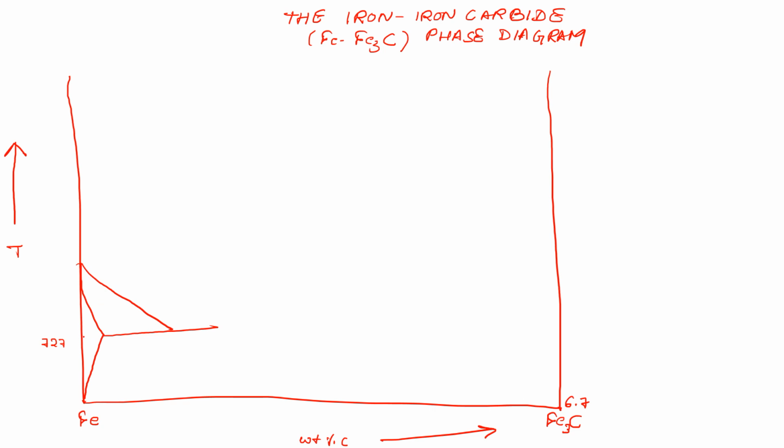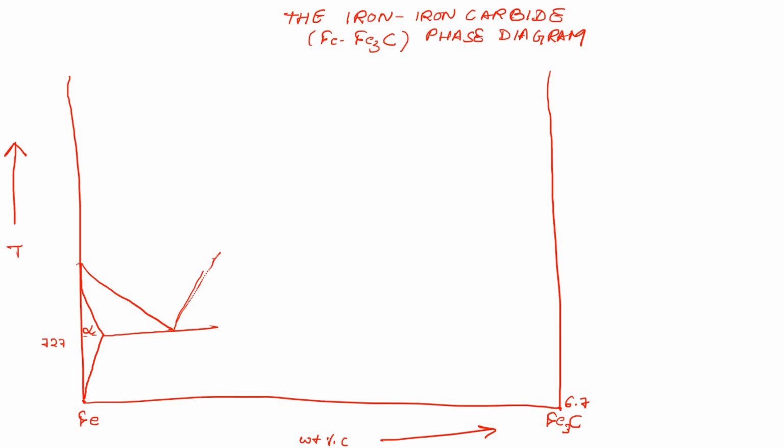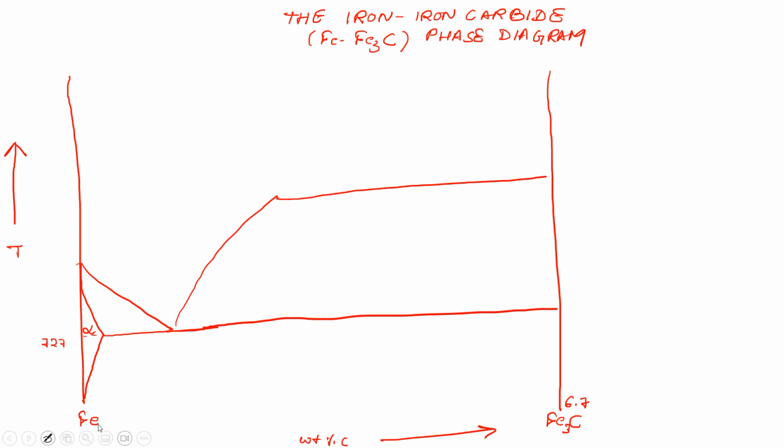This is the alpha ferrite phase, and we have a eutectic region here. This will be a straight line throughout, and here is a peritectic reaction.